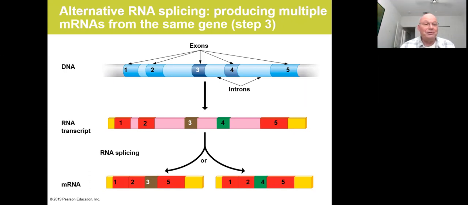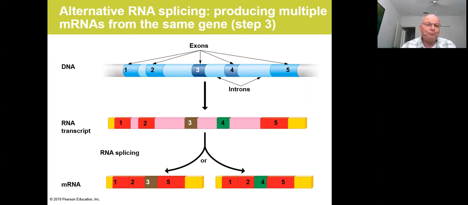In fact, there was an extra capacity built into the system to be able to recognize new pathogens as time went by, all because of this ability to splice together exons in different ways, in different combinations, to produce different polypeptides from the same gene.